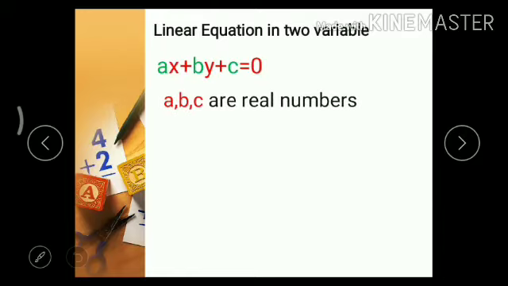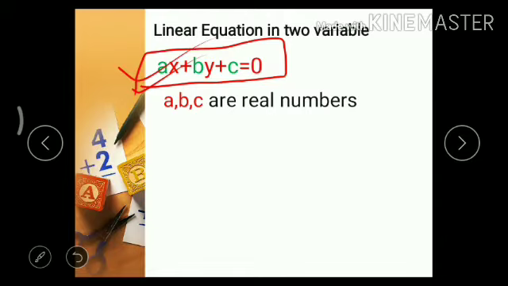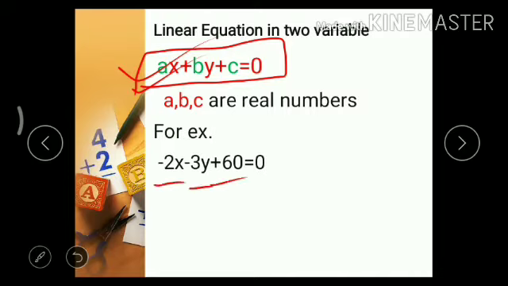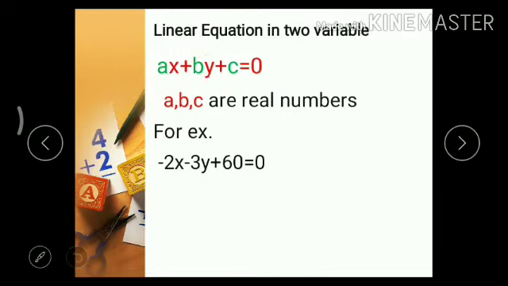Now let us see the general formula of a linear equation: ax plus by plus c. This is the general formula of a linear equation. In general we should see the equation this way. For example, if I write minus 2x minus 3y plus 60, you should compare it with the general formula.